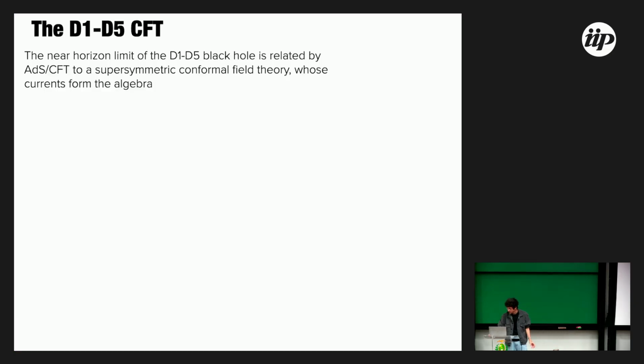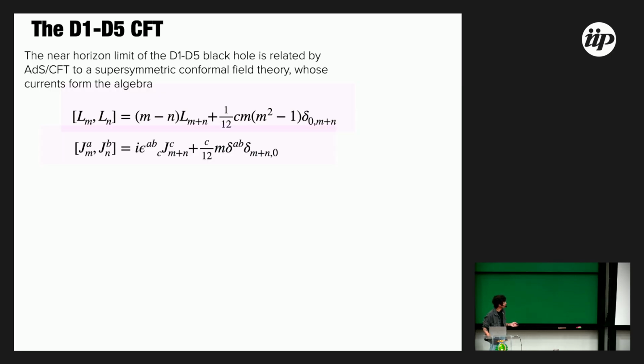What is the CFT that appears in that case at the end of the D1D5 black hole? Well, it is a CFT, so it has a Virasoro algebra with some central charge C. It also has more symmetries.